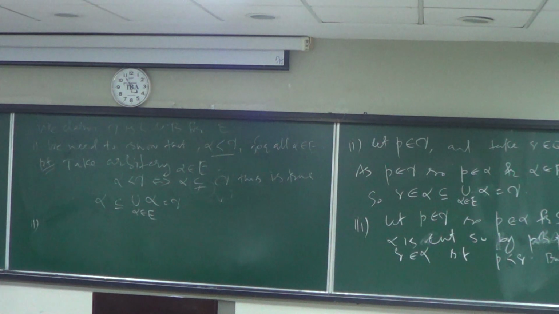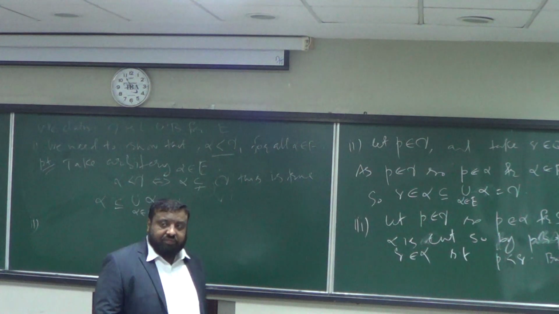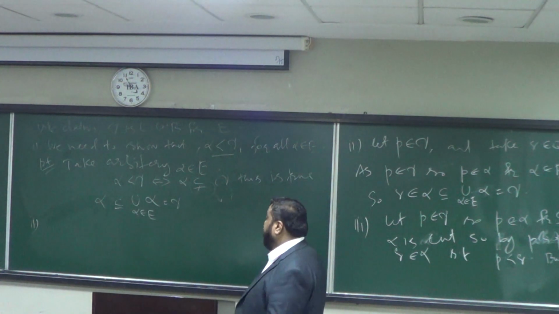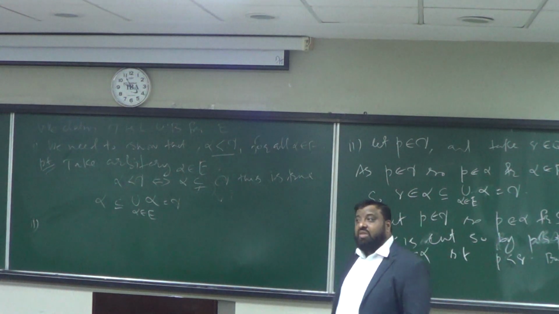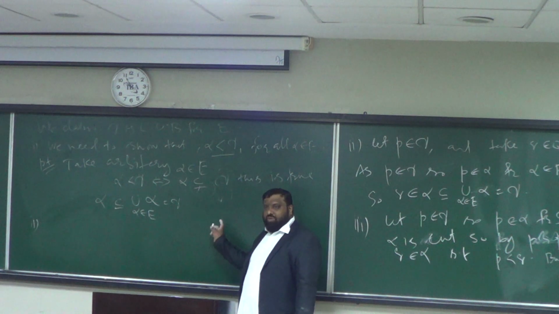If there is another upper bound, then this upper bound must be larger than gamma. Okay, that's one way to do it. But you have another recipe to do that. If anything is smaller than this gamma, then it can't be an upper bound for E.